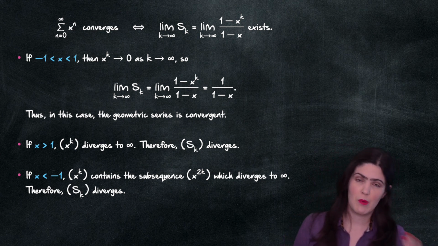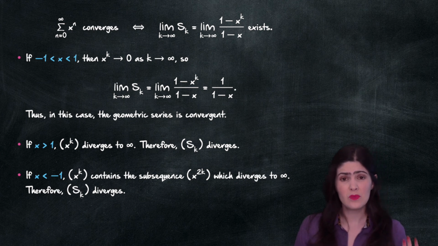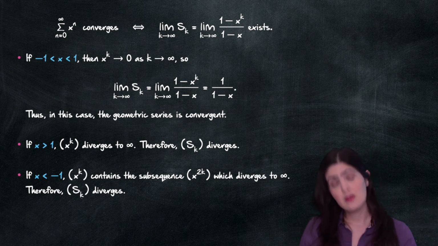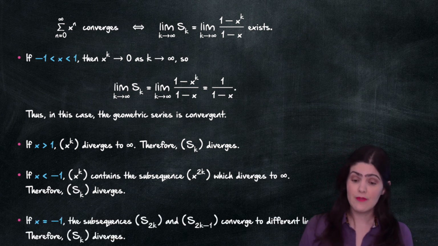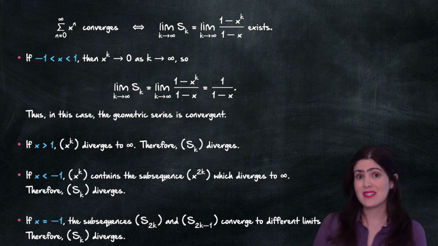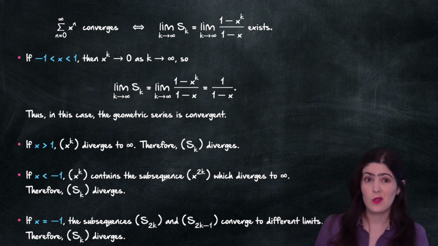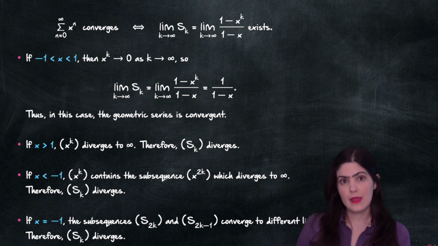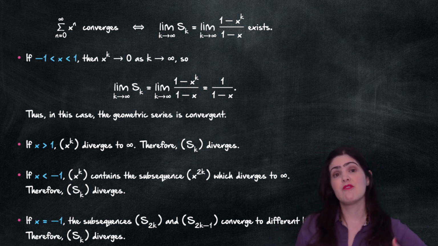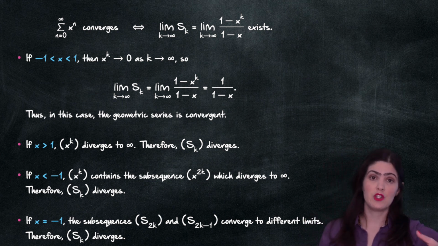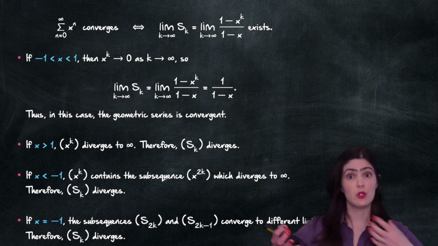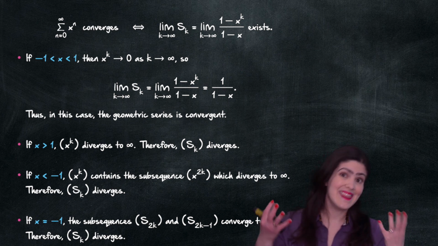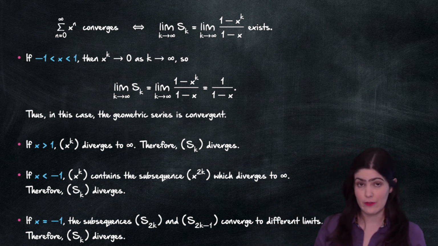It's going to be doing crazy things, so it diverges. And the case x equals -1, we've already seen it. It was the one of 1 minus 1, 1 minus 1, 1 minus 1. We saw already that the subsequence of the odd terms and the even terms converge to different limits. So then the sequence of partial sums is divergent.